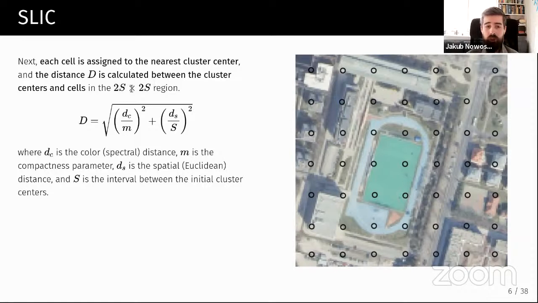And you can see we are using just a limited window to compare them to, a window of 2 by 2s. That's why we are looking just in some local window. We are not looking at the whole image. And that's why this method is often similar to a spatially constrained k-means.